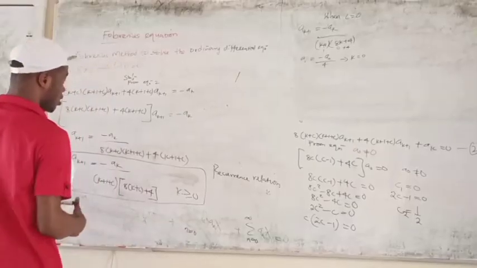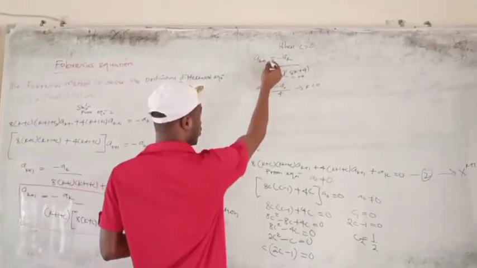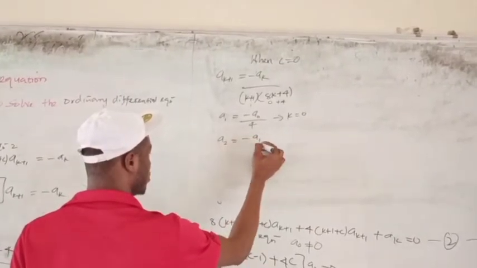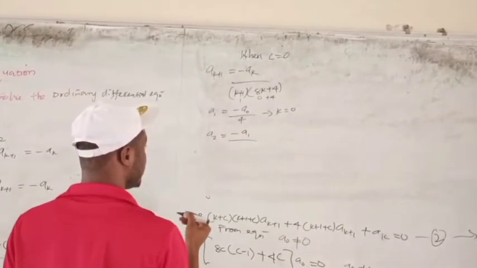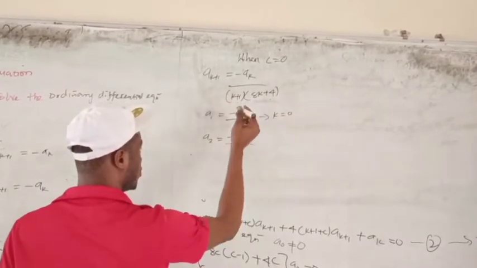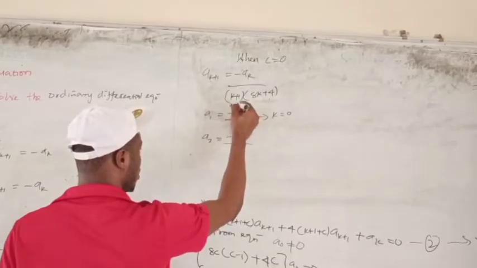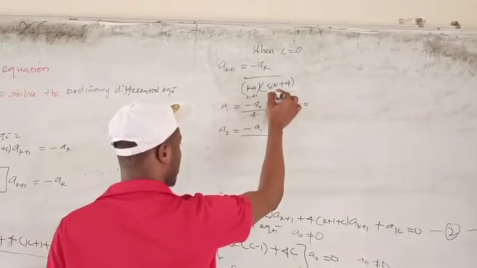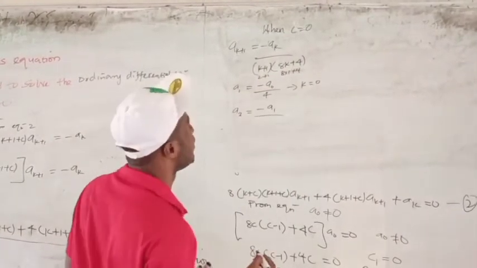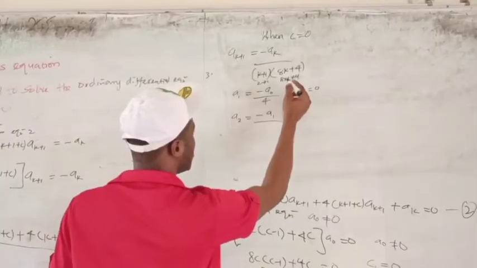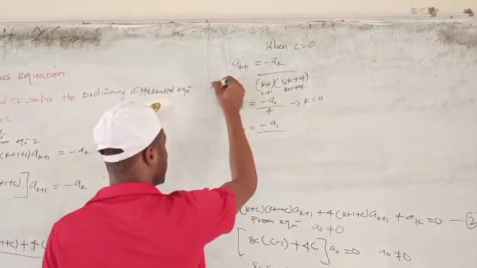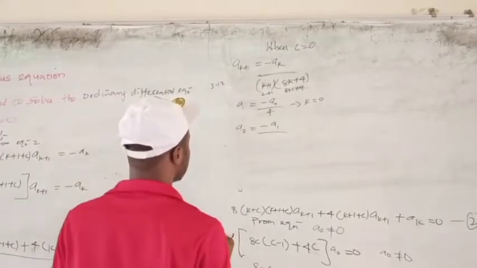When k is equal to 1, I have a2 is equal to minus a1 divided by, my value of k plus 1 is 2 plus 1, that is 3, times 8 times 1 plus 4, that's 12. So 3 times 12 is 36.